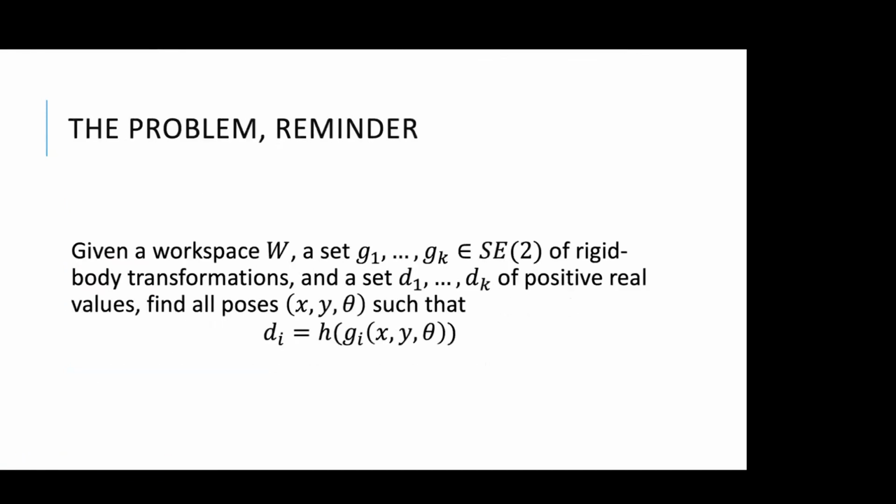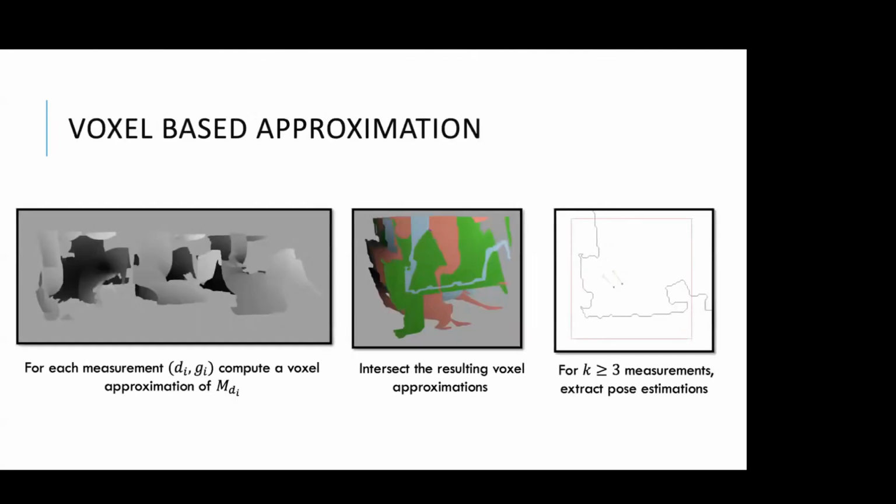So once again, let's recall the problem. We have k rigid body transformations, right? Translations and rotations in space, and a set of k real values. And we want to find the pre-image, right? All the poses for which we can get that measurement. Okay, so the approach is super straightforward, right?